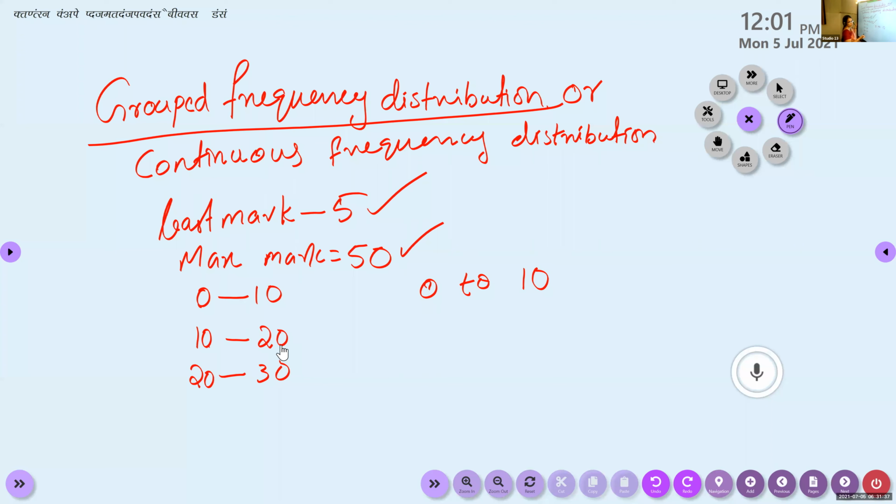Next group will be 30 to 40. Then 40 to 50. Then 50 to 60.